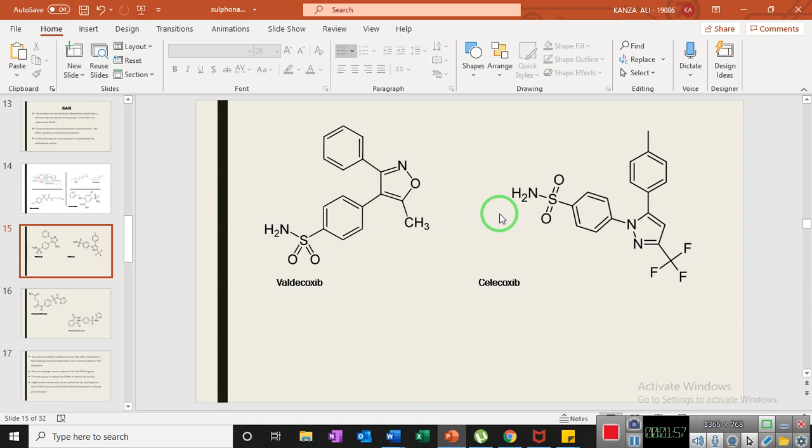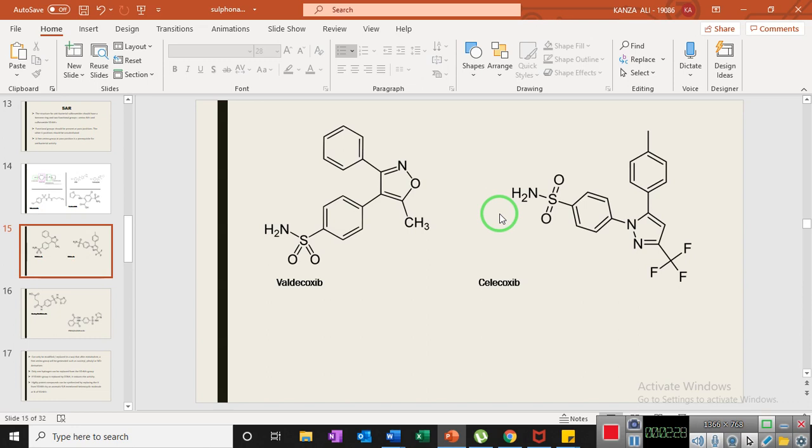They are different from the sulfonamide, but as they have got the SO2NH2, that's why they are also included in the class of sulfonamide, not the sulfonamide, but sulfonamide compounds.